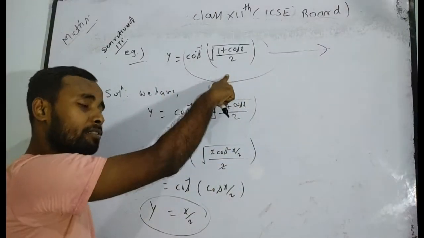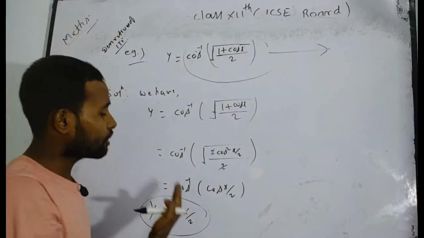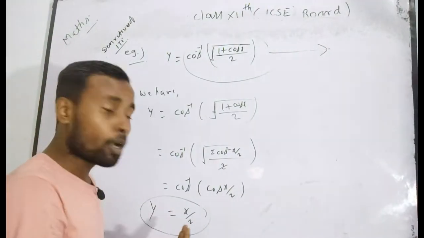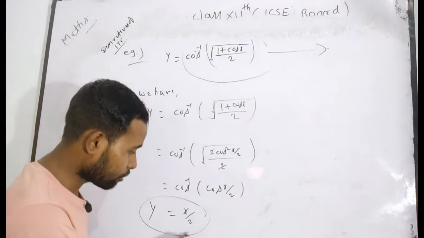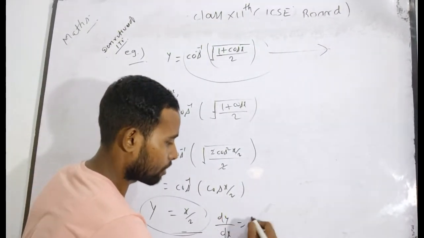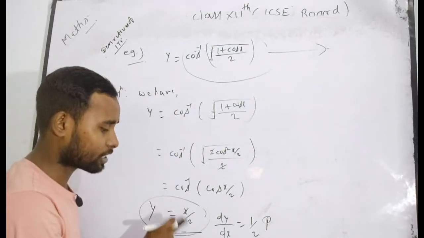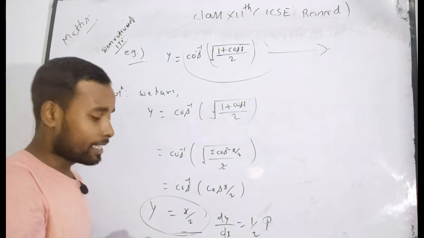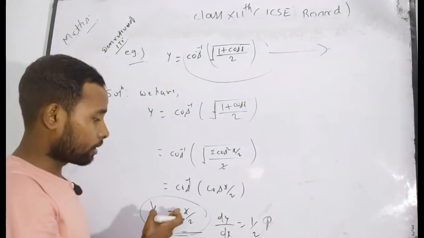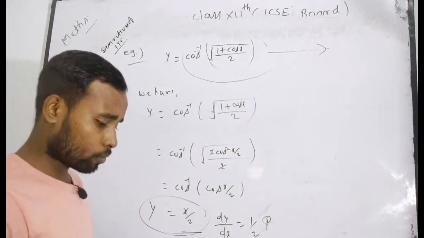You can realize which will be more profitable for you. Definitely, you will tell me this function. So after differentiating, dy/dx will be 1/2, since the derivative of x with respect to x is 1, so that will be 1/2.